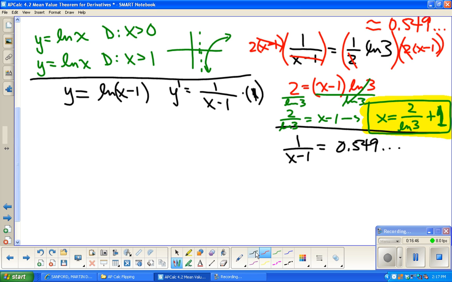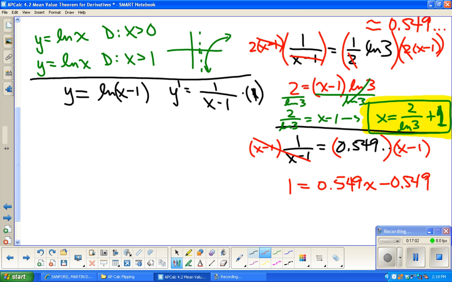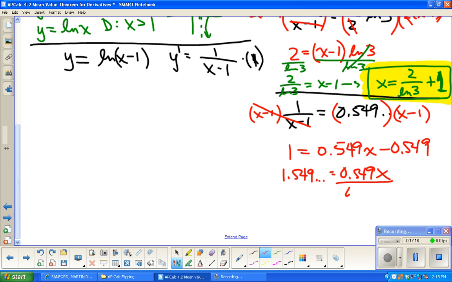Okay, doing the same thing, I'm going to multiply both sides by x minus 1. So this is 1 equals 0.549-ish x minus 0.549-ish. I'm going to add the 0.549 to both sides, and then I need to divide both sides by 0.549.